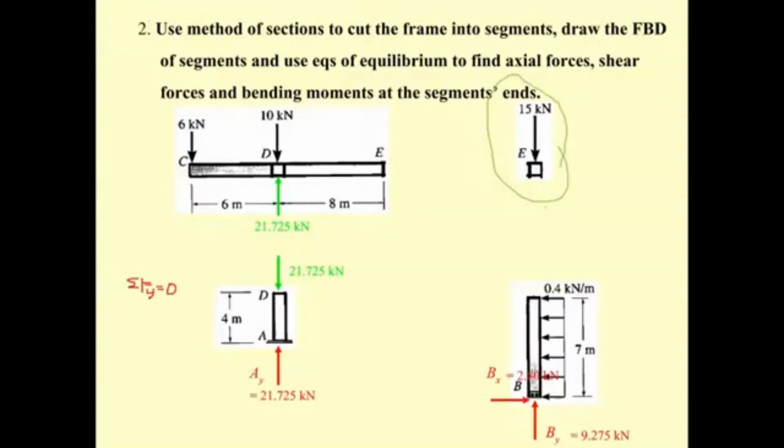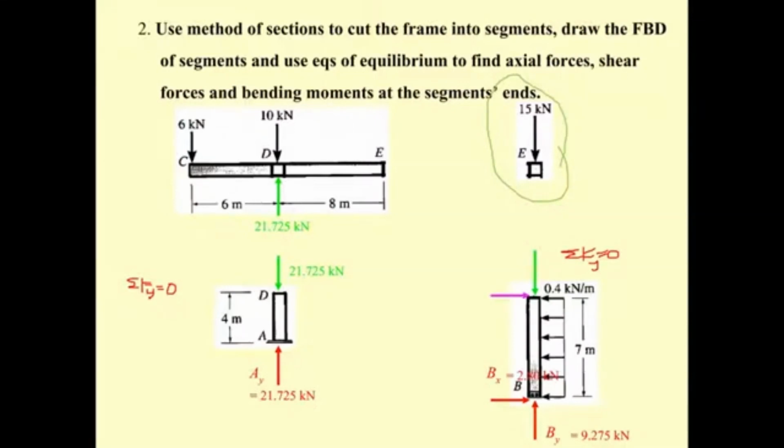So we skip to this part, and when you know this, you're going to have the axial force. And what is the axial force going to be? The axial force, by summation of F sub y equal to 0, you get this one as 9.275.